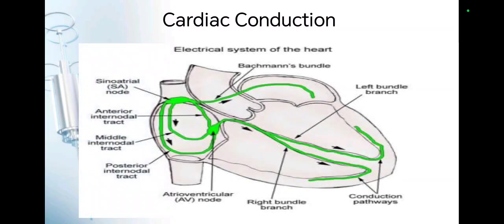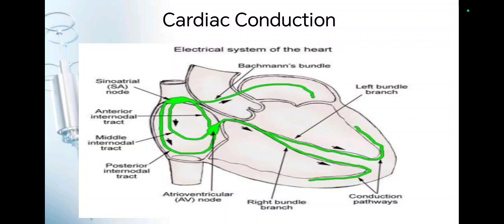Now, let's have a quick review of your conduction. As you can see in this image, this is the electrical system of the heart, meaning this is where the electrical signals are sent for the heart to pump regularly.